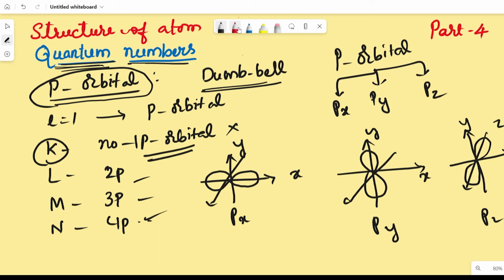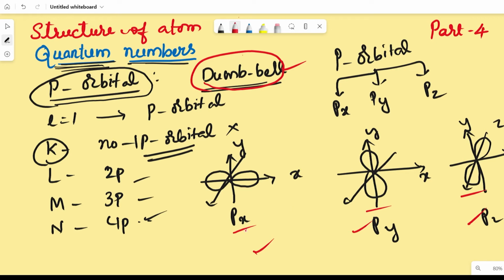See here, the px orbital, py orbital, pz orbital, all the 3 orbitals have the same energy. There is no difference in their energy. There is no difference in their shape also. All orbitals have dumbbell shape only. But their orientation is different. Is it clear? So according to the magnetic quantum number, these orbitals are oriented in 3 different ways.